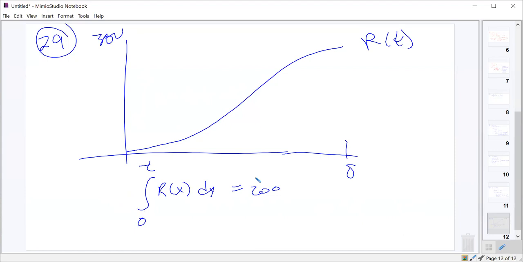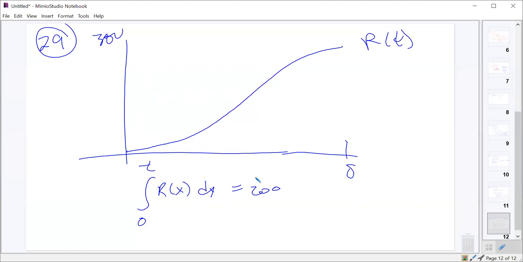Maybe a trapezoidal rule would be good to figure that out. Actually, let's just use a left Riemann sum. We know that this is always increasing, so a left Riemann sum should under-approximate it. So when we get to 200, we know it's a little less than what it took us to actually get to 200.